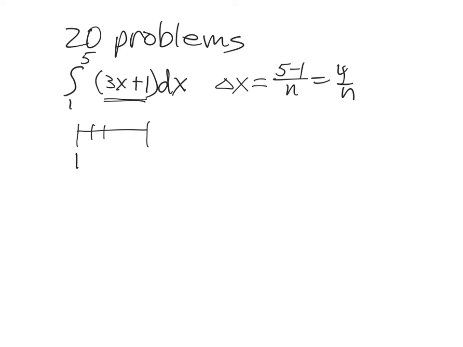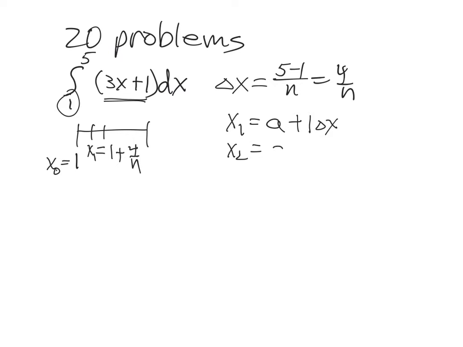Well, this time we're starting at 1, and technically that would be your x sub 0. So x sub 1 would be represented by what? 1 plus 4 over n. Okay. And a little more general, that's going to be a plus 1 delta x.